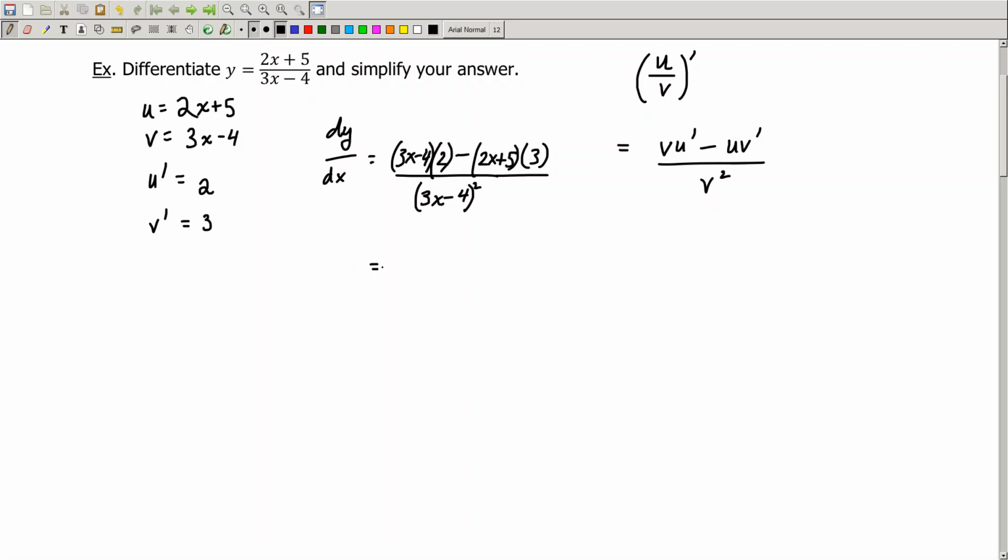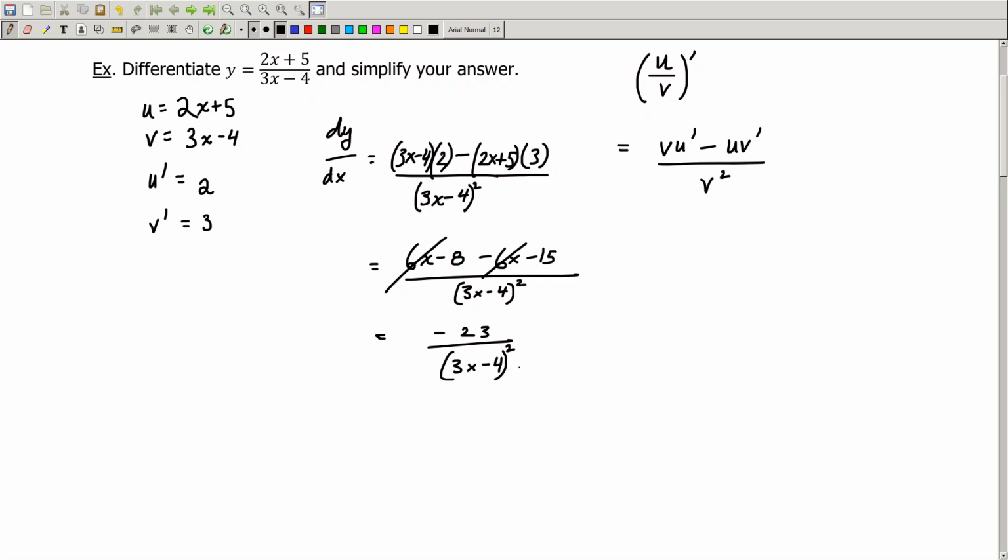That's the formula, and then all you have to do is apply distributive property on the numerator and collect like terms. 6x minus 8 minus 6x minus 15. 6x take away 6x will cancel, and we end up getting negative 23, all over (3x minus 4) squared.